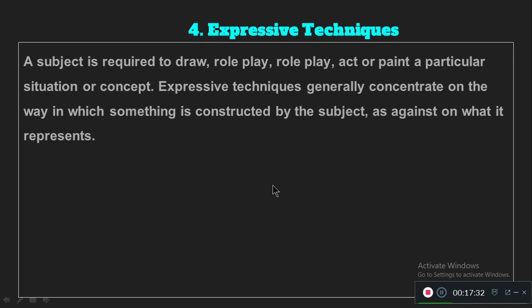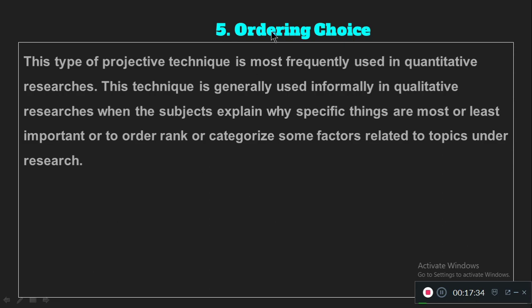Okay, now the fifth method is ordering choice. This type of projective technique is most frequently used in quantitative research, but generally used informally in qualitative research. When the subjects explain why specific things are most or least important, or to order, rank, or categorize some factors, things related to the topic under research can be understood. For example, we have different types of relationships.